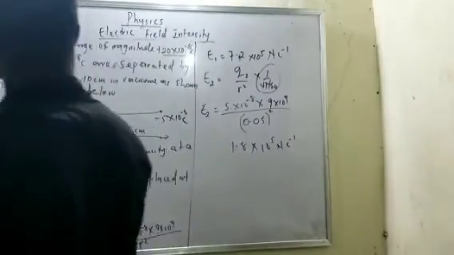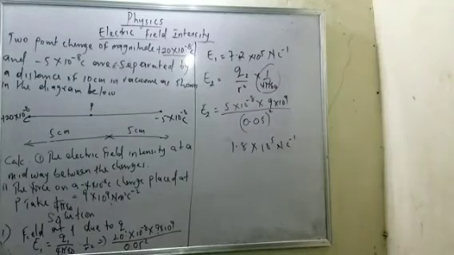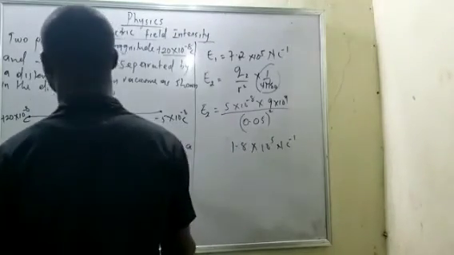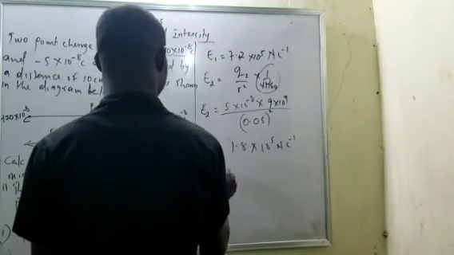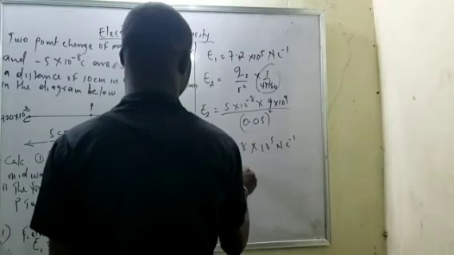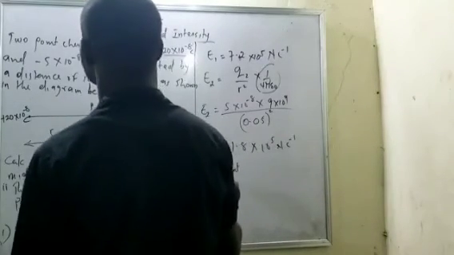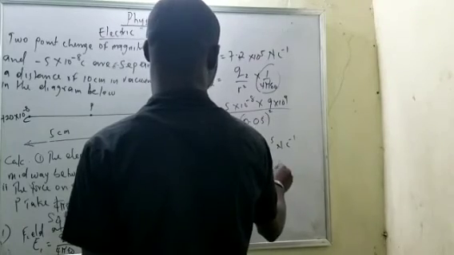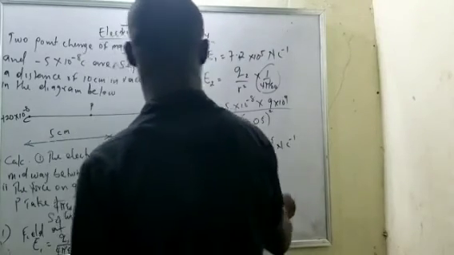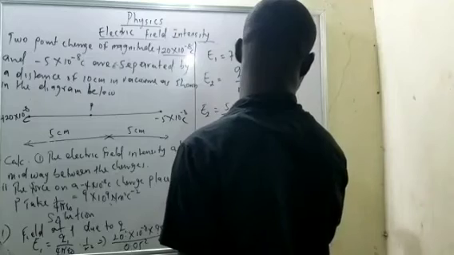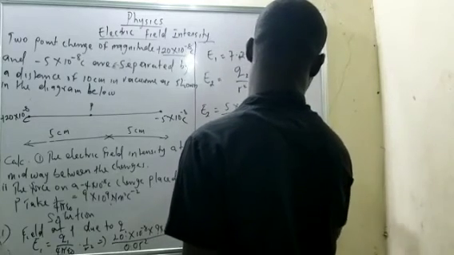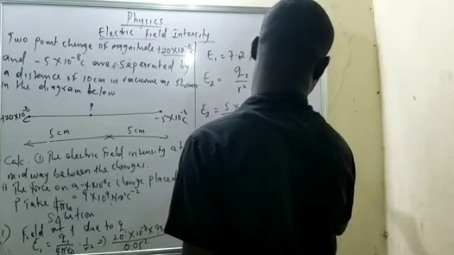Now I will look for the resultant field at point P. We don't know what is called resultant. The resultant field at P is E1 plus E2.